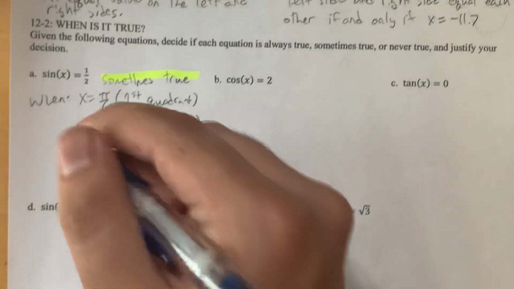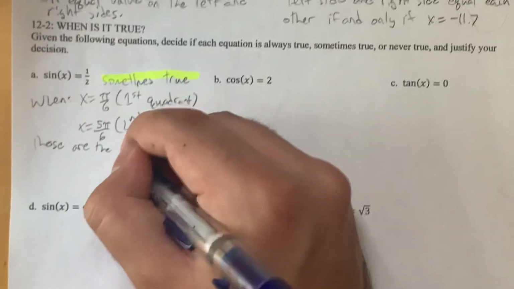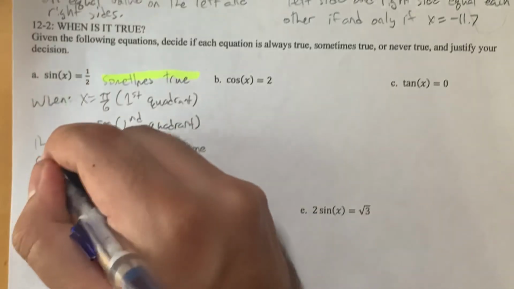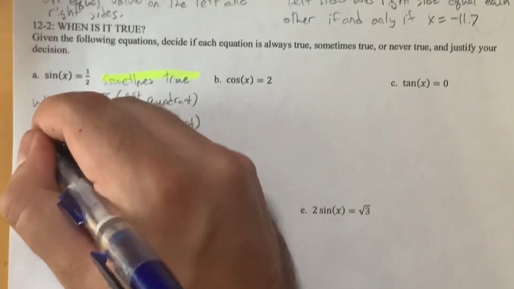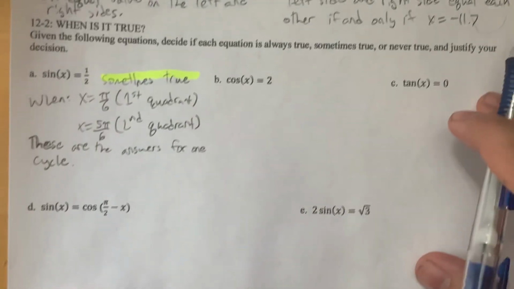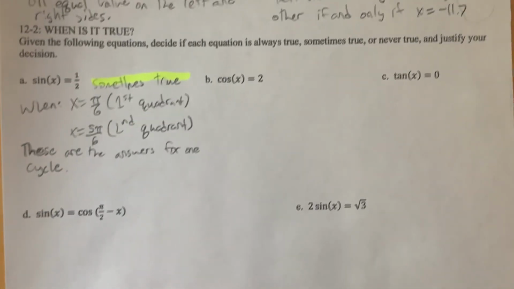So I'm gonna write these are the answers for one cycle. Right? Because we can go around another 2 pi after we've gone around 2 pi. So we can have a lot of other x values that are coterminal angles.